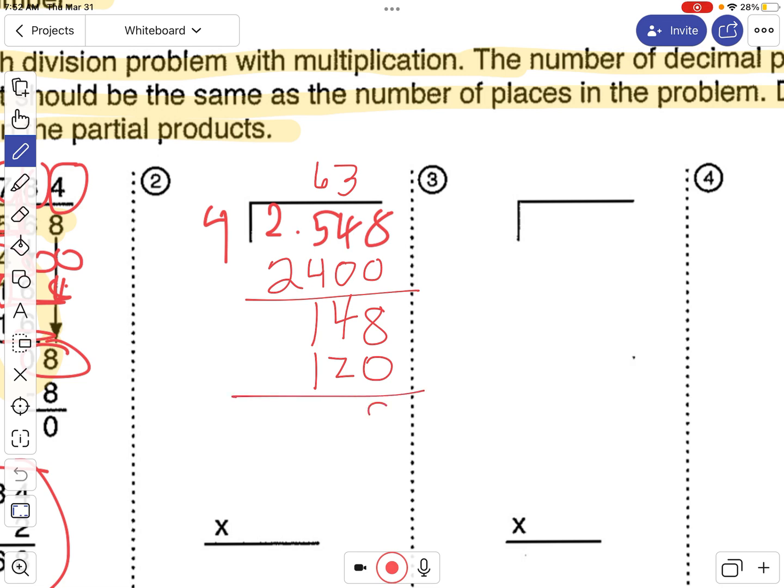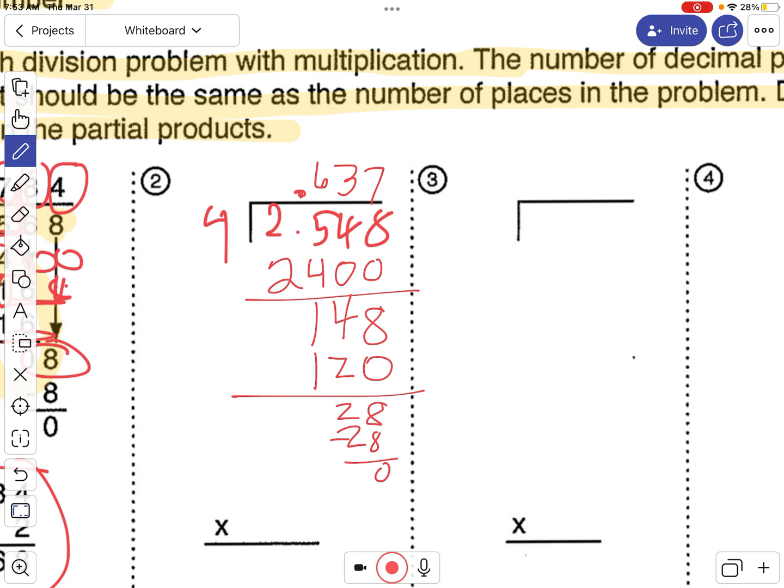And then we subtract and get 8 and 2. And then 4 times 7 is 28. 28, subtract, get 0. Now, where does the decimal point go in our answer? It goes straight up from where it's located here.